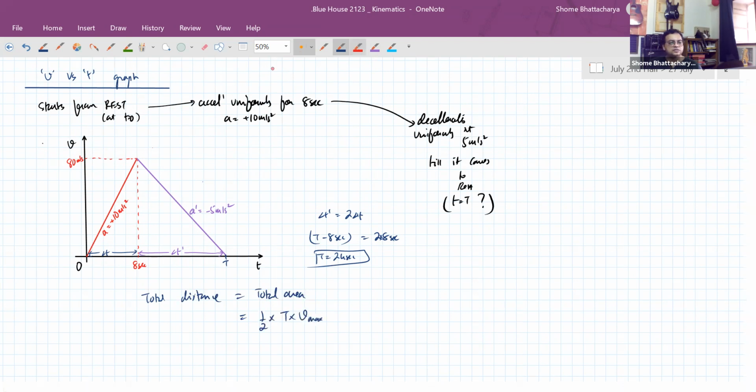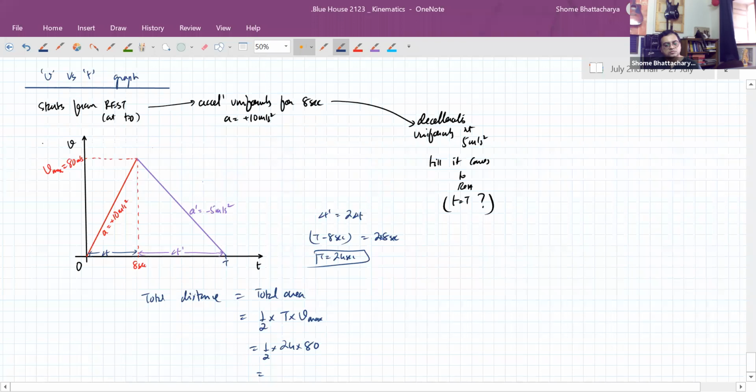This is our V max. Which is the same thing as actually displacement.